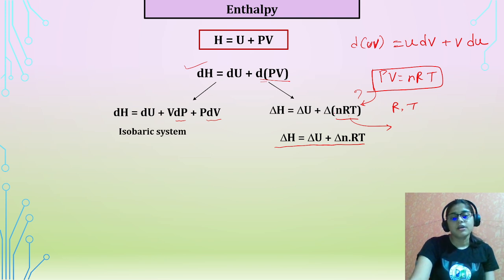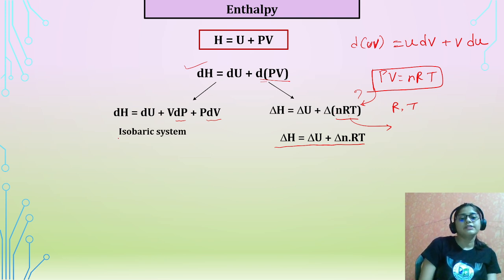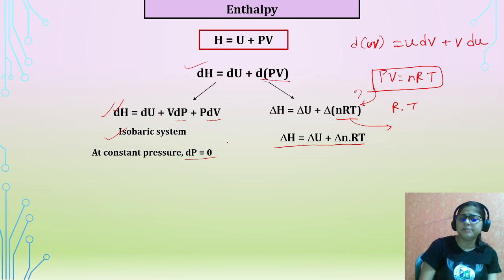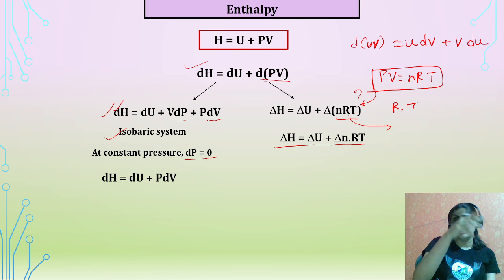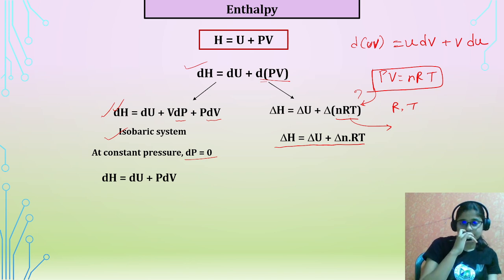Okay. So if we consider here isobaric, isobaric means constant pressure, dp will be 0. If we put dp 0 here, then like in the previous slide where I talked about the first law equation, that's right.